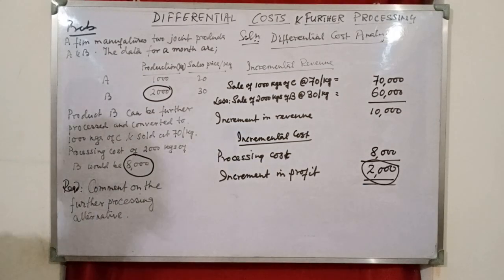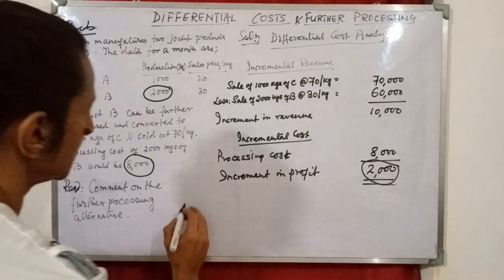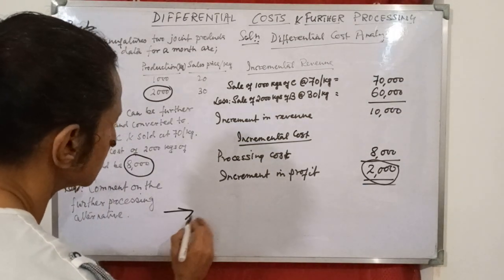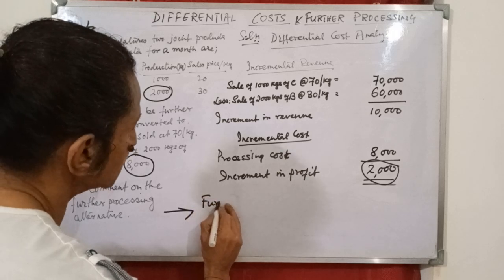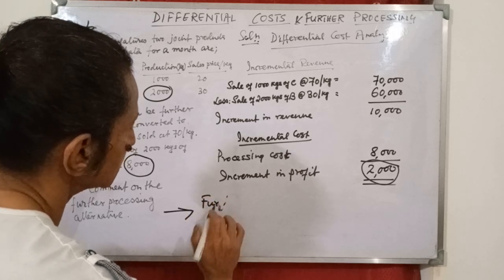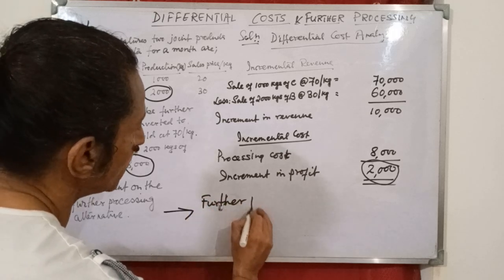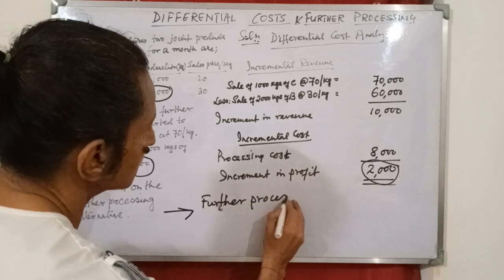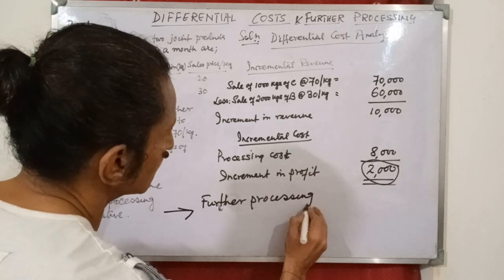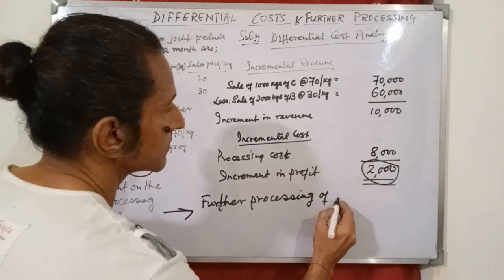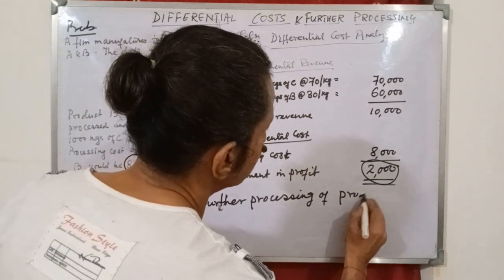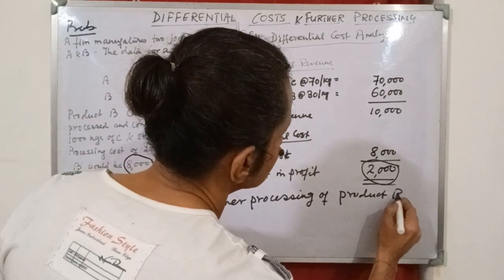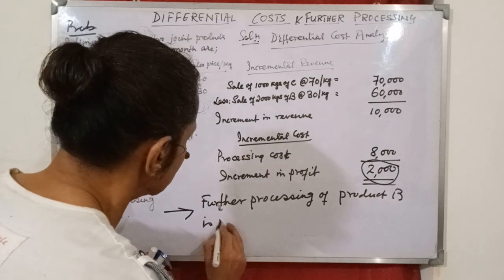So what will be your comment? The comment will be: further processing of product B is recommended.